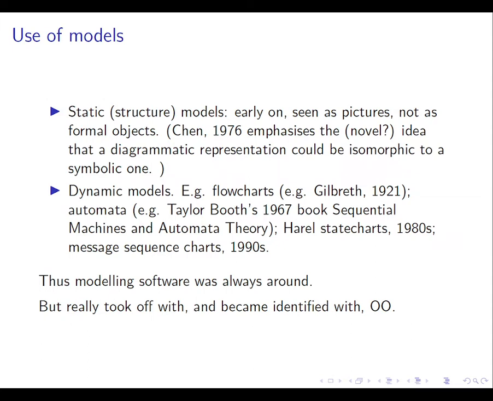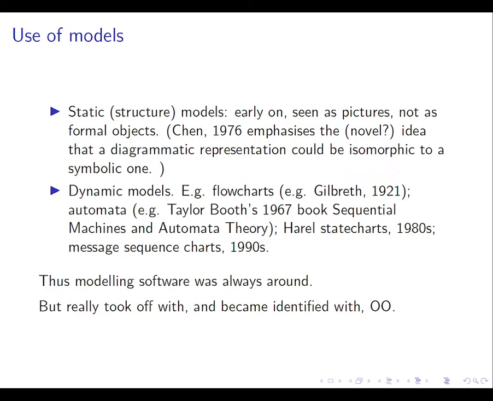The other main class of models, besides the static structure models that tell you about either the data that's manipulated by a system or the way the system itself is structured, or both, is dynamic models, and these too predate their use in software. There have been flowcharts used. There's an example from 1921. Automata go back to the early days of computers at least.